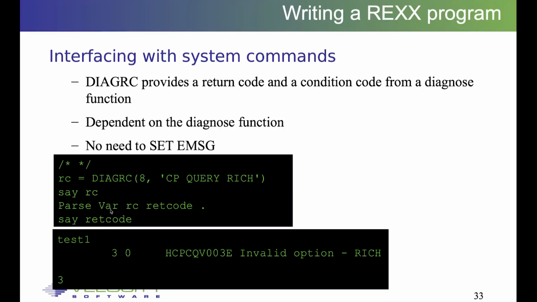And if I just parse this ret code variable and throw away everything else and display ret code, I see that I also have the value 3, which is the same response I got before. And again, it's the numeric portion of the CP error message. So very much the same thing. No need to set EMSG when using something like this.